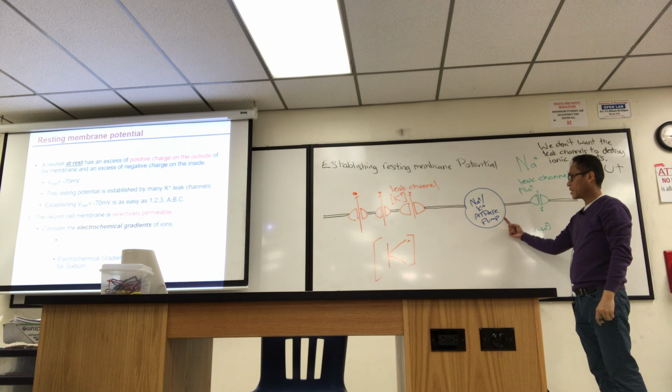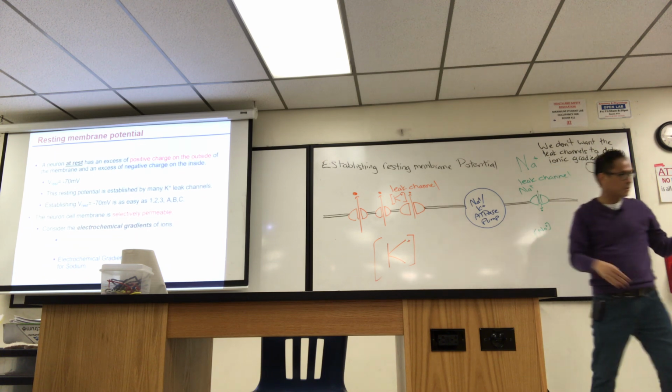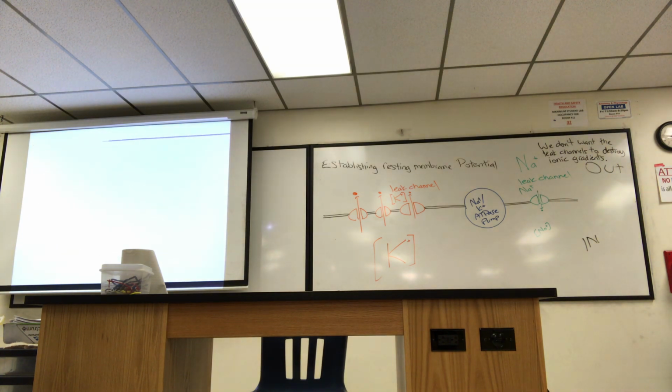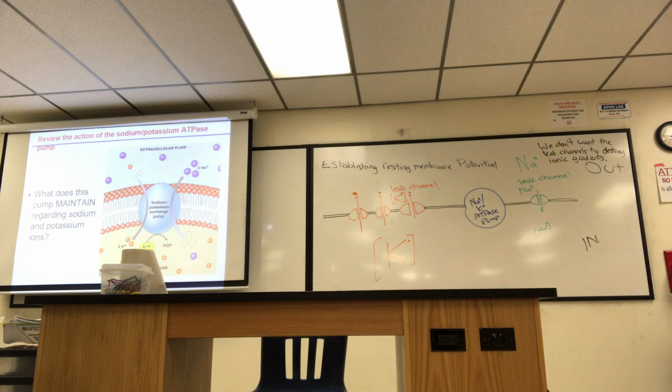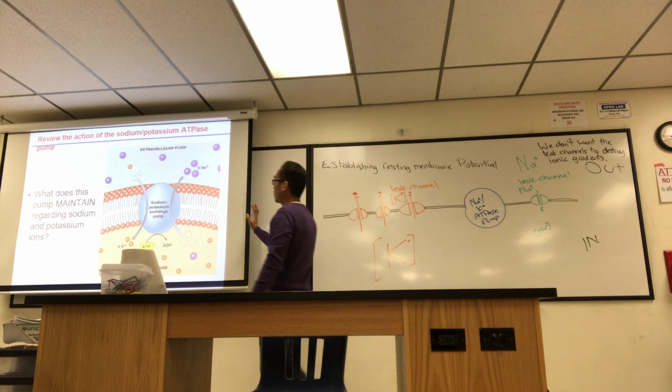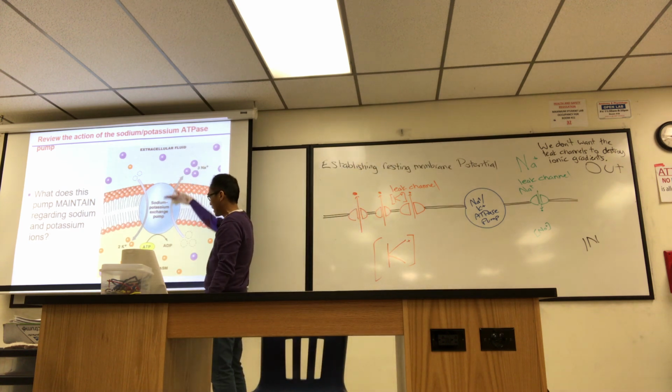So my ABC is how the pump works, okay? And, well, let me advance the slide here. At a ratio of 3 to 2, sodium's leaking in, so we pump it back out.